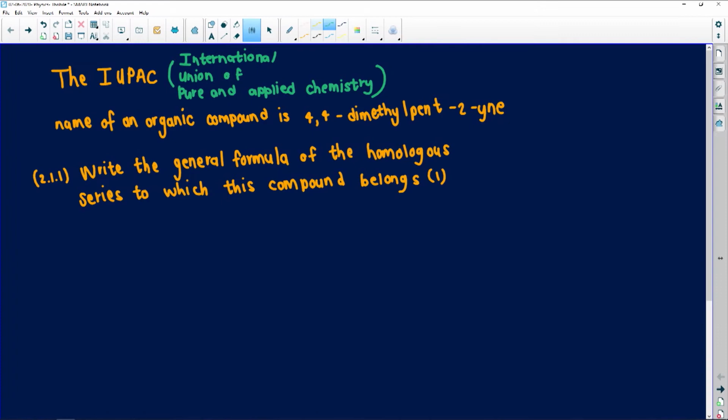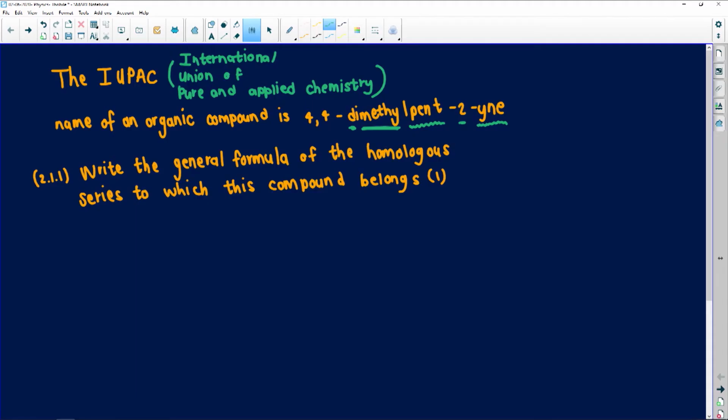But now you're going to ask me, how do you know what homologous series this belongs to? They've given us the organic compound name. We've got 4,4-di. Let's think about it. Di just means 2, and methyl means this is a side chain. Pent means there are 5 carbons in its longest chain. On the second carbon, there is a triple bond.